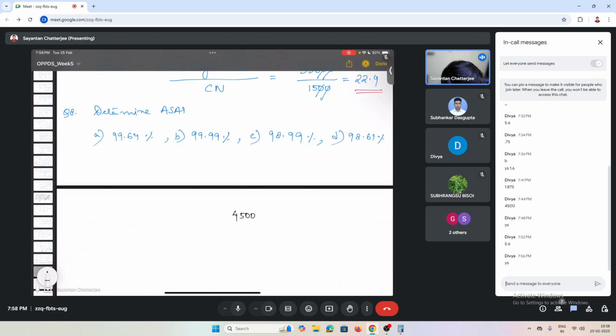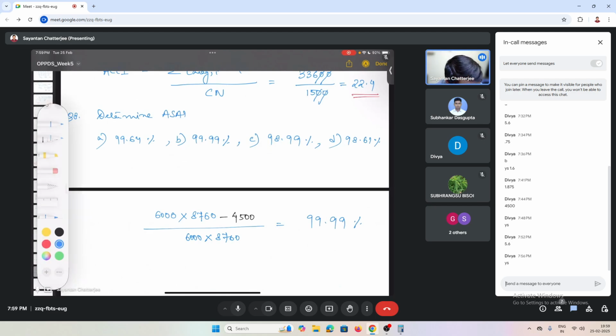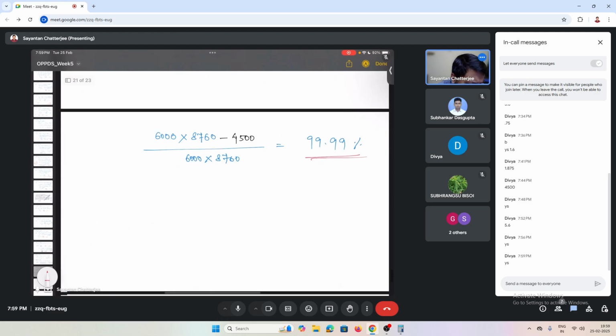This will be 4500, but here it will be 6000, the total number of customers, and 8760 is the total number of hours in a year, and in the denominator also the total number of available hours for each customer. So the answer again would come to 99.99%. Okay. So ASAI would be again 99.9. Is it same? Yes. Okay.